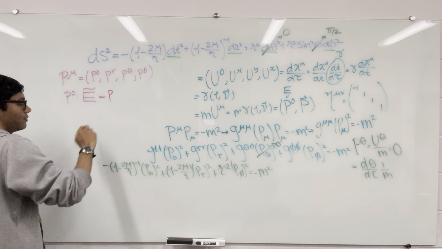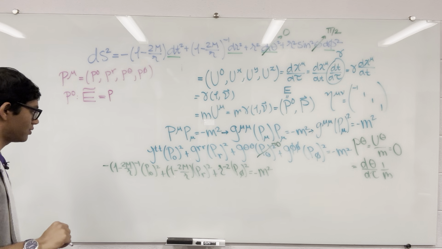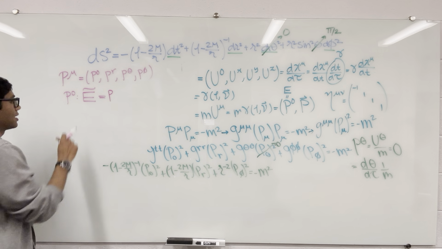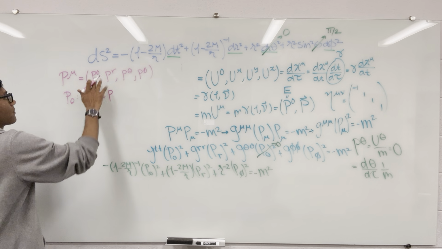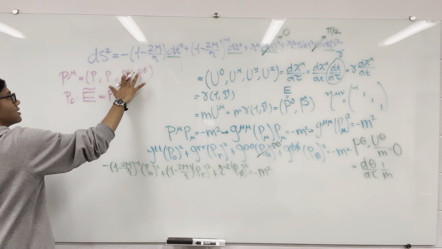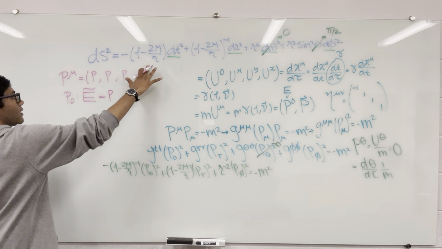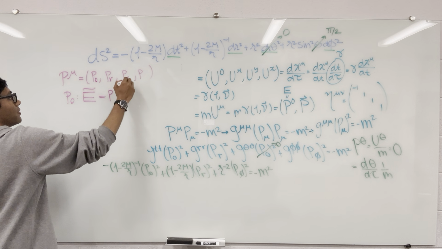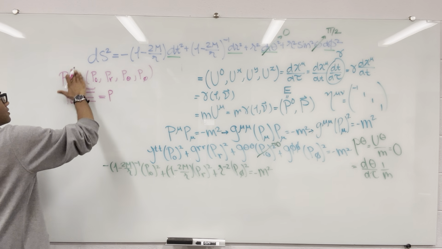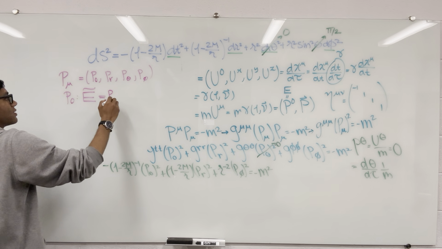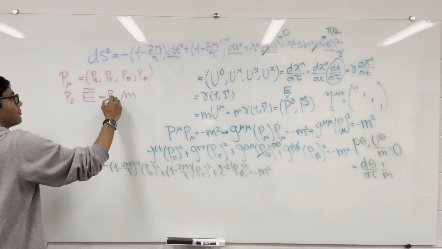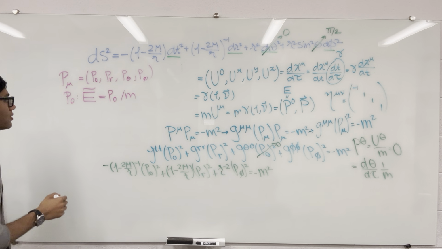Should I do it upper, lowered or raised? Well, I'm not sure. I think let's do it lowered. Let's lower all of these components here. So this is p_0, p_r, p_θ, p_φ. So this is p_μ. So this is p_0 divided by m, the effective energy of our particle.